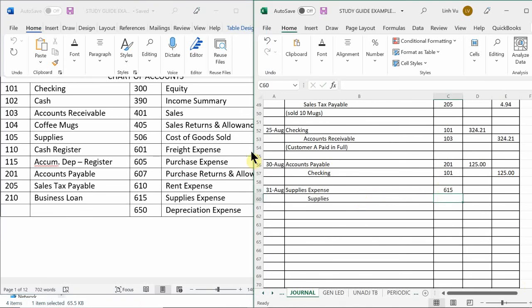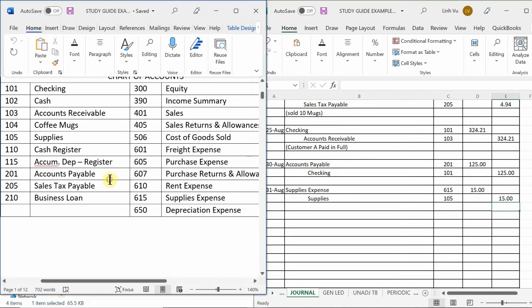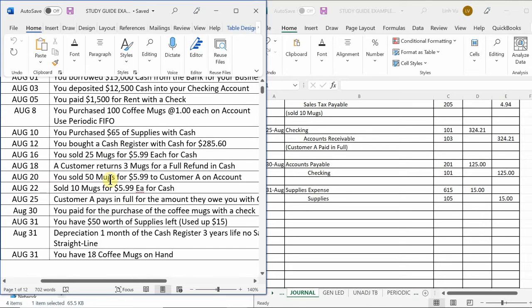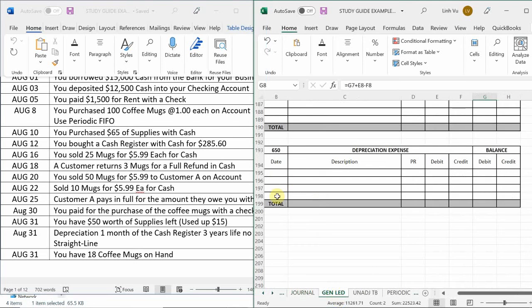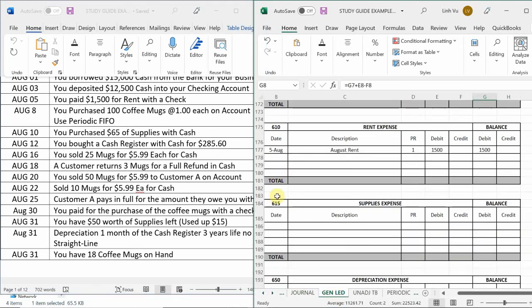And supplies is 105. And I used $15, right? Because I have $50 left in my account. So there you go. Now that I did my adjustment here, I'm going to go ahead and plug in my number.